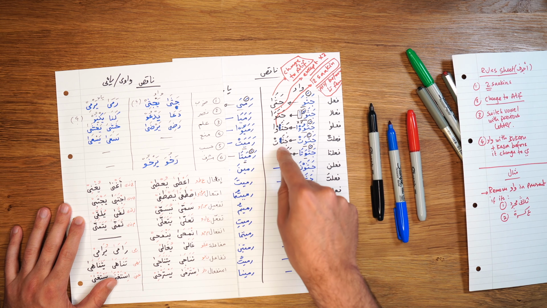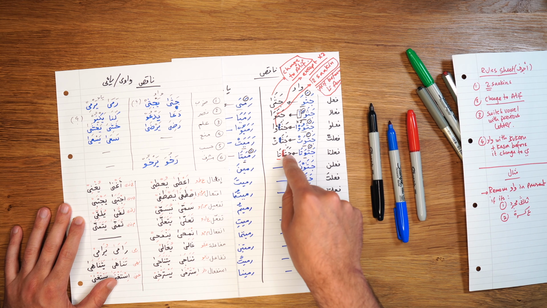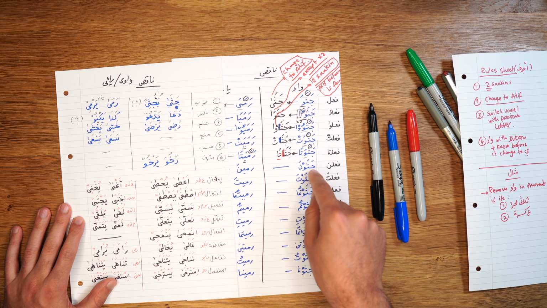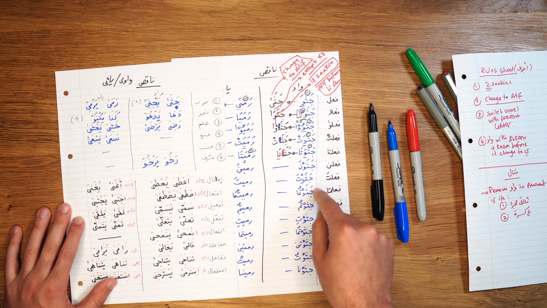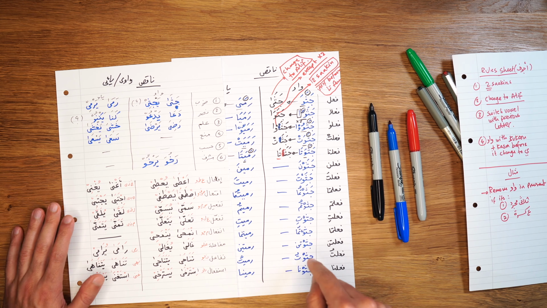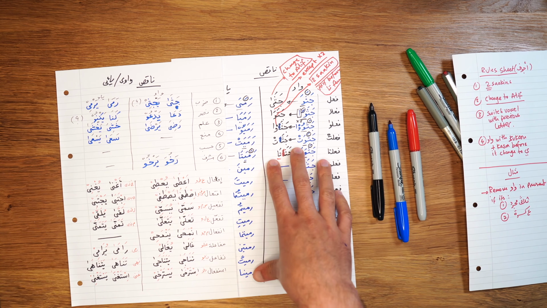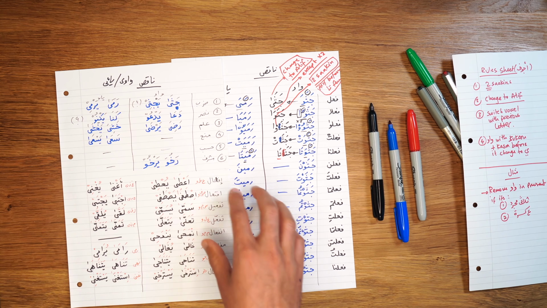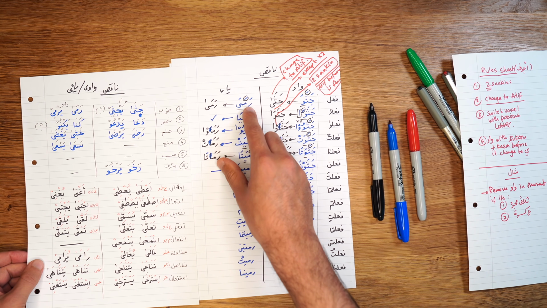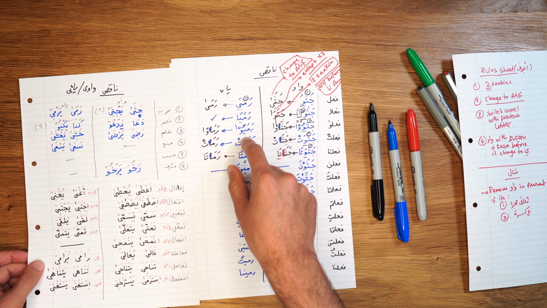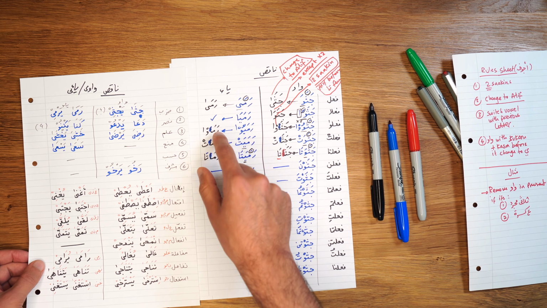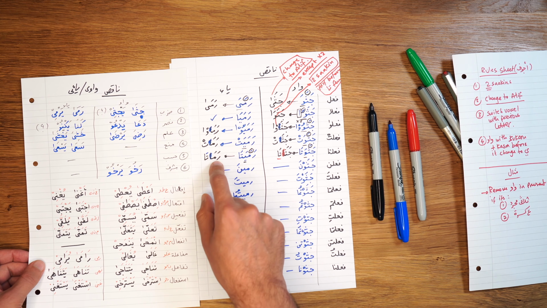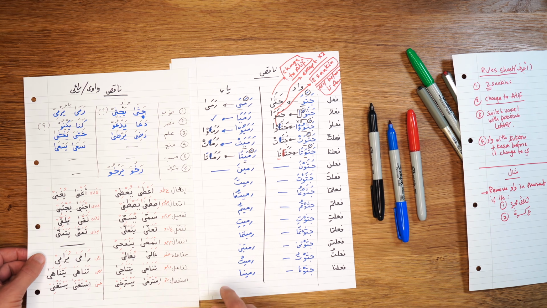Da'awat, da'at. Da'awata, da'ata, da'autu, da'auna, and so on to the end. Same thing with kana: kanaya, kanayu, so it's going to be kana, kanaya, kanau, kanat, kanata, kanaina, kanaita, kanaituma, kanaitum.